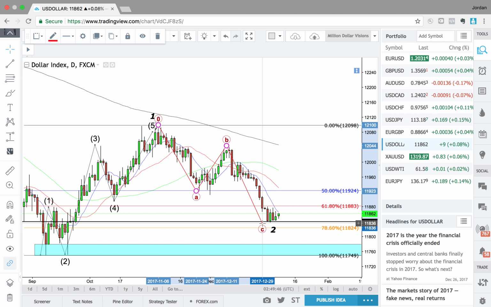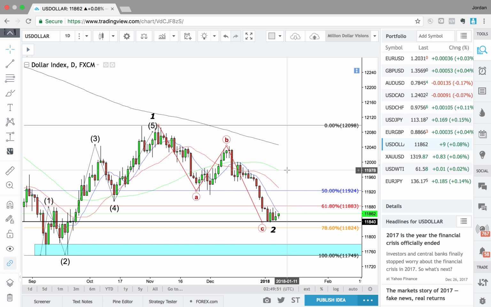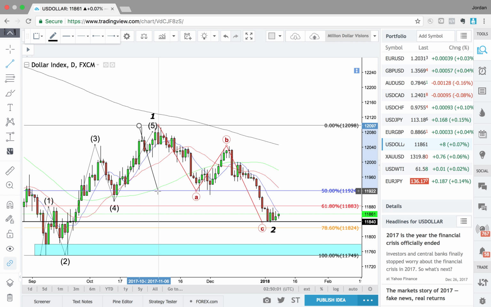I'm not one for trying to pick tops and bottoms, but from what I see in the market, I think this week we could get that turnaround. Let's look at it like this. Let's measure the distance of our A leg from there to there.